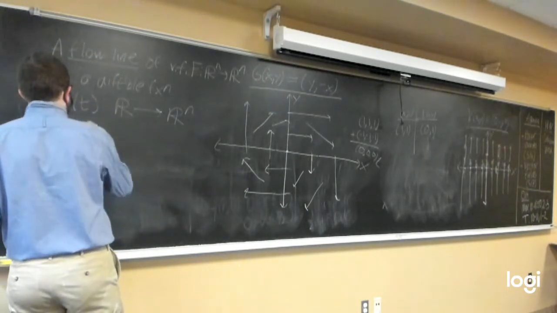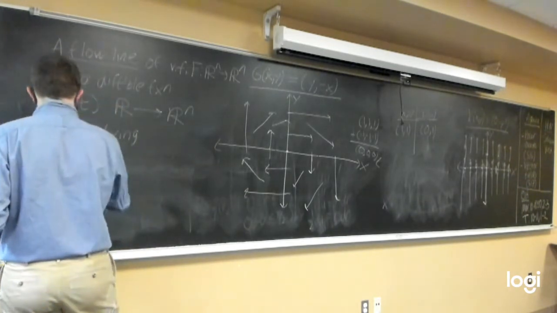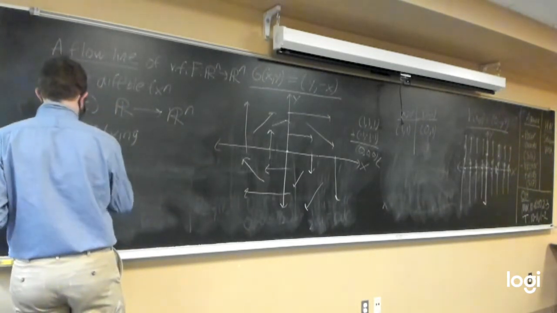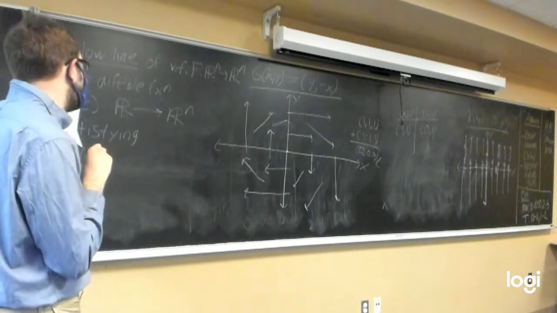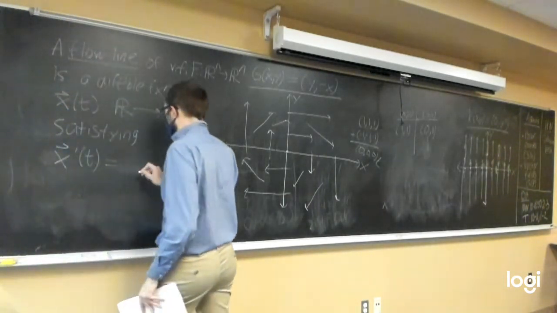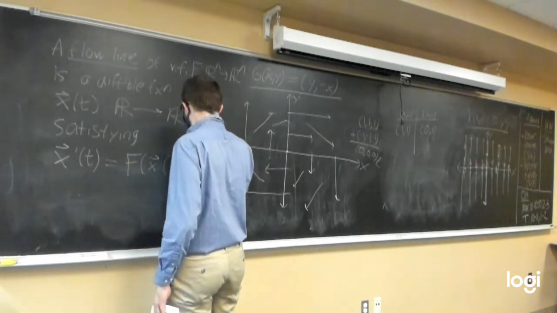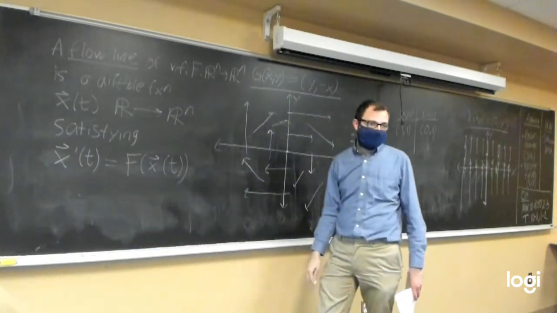And we need that path to satisfy that if we were to take x prime of t, meaning we were to differentiate each of the components of x of t, we would get the same thing as if we were to take F of x of t.